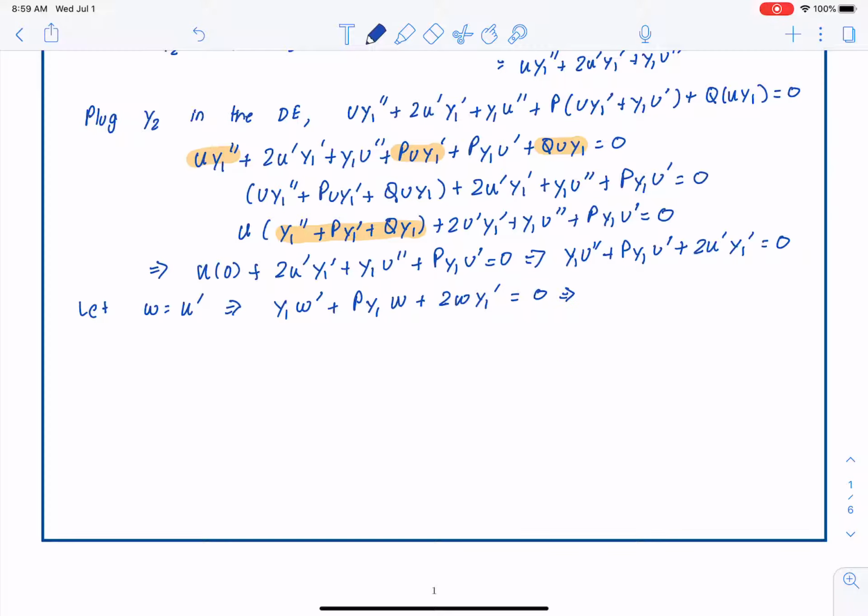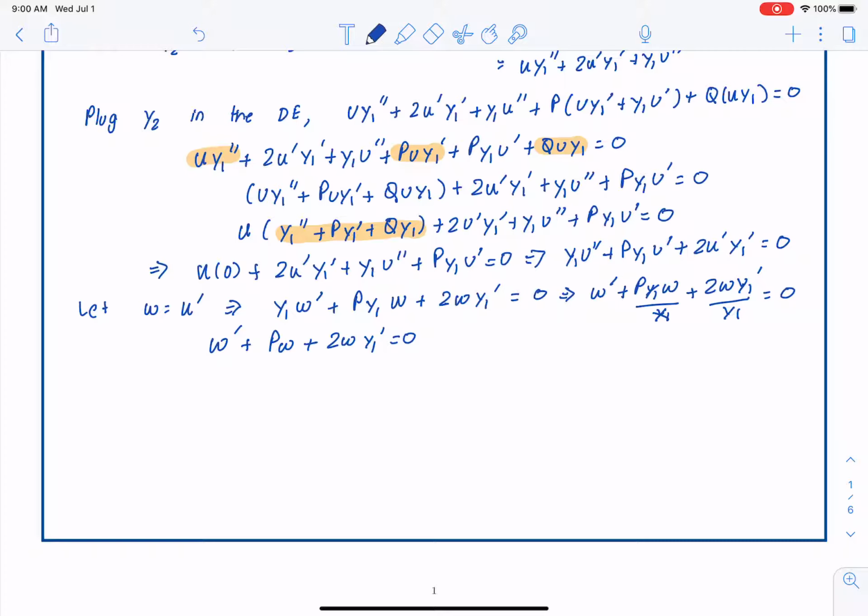If I rewrote this, I could divide by y1 on both sides. So the y1s would go away, and I'd simply have w prime plus p times w plus 2w y1 prime equals 0.